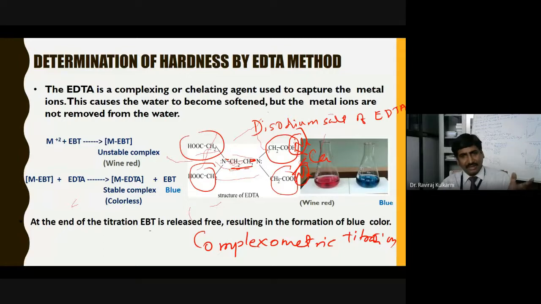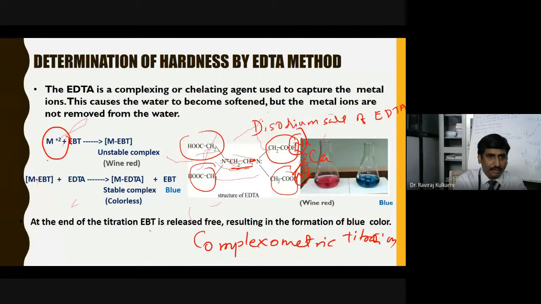Anyway, we want to capture all the calcium ions in the determination of hardness experiment. Whatever metal ion I have written here, it may be calcium ion or magnesium ion. The indicator used here is Eriochrome Black T indicator.